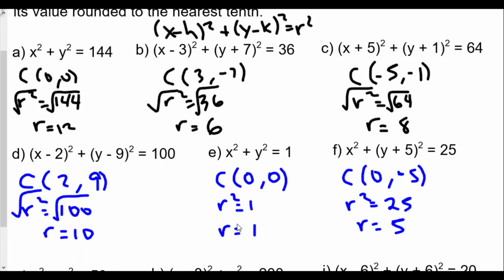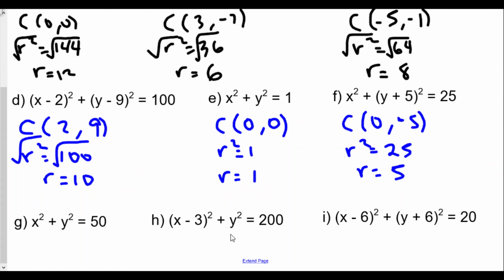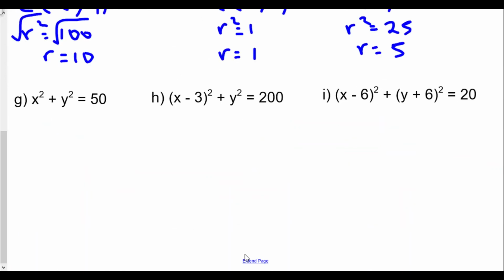All right? And now we have our last three questions here. x squared plus y squared is 50. We know now in this case our center will be 0, comma 0. And if r squared is equal to 50, r equals the square root of 50. Now, they asked to have the radius rounded off to the nearest tenth.